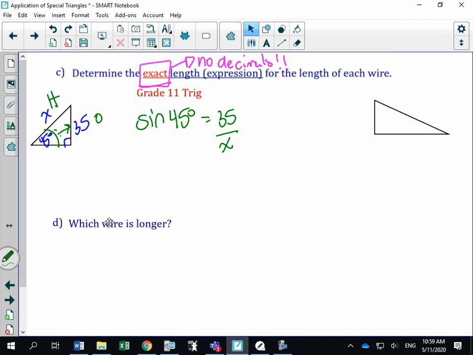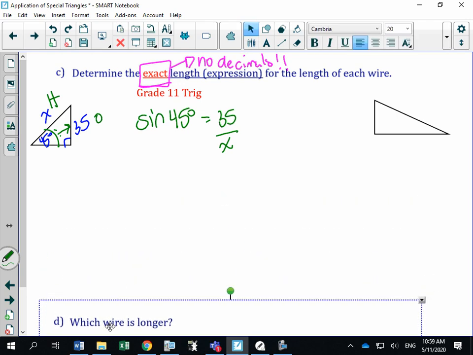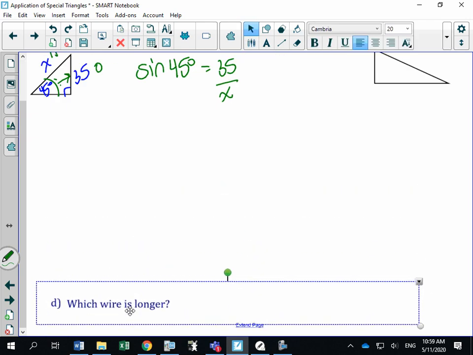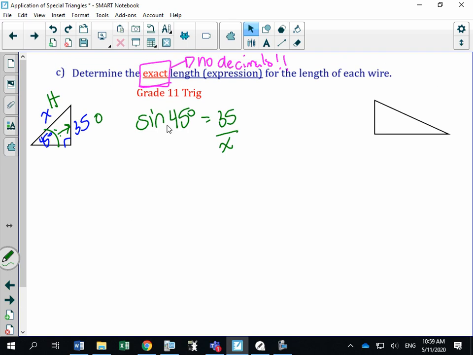Okay, now when we do this exact, you should know from lesson 4 what is the exact value of the sine of 45 degrees. Like, what is that number using special triangles? And if you forget, remember, we have to set up our special triangle.